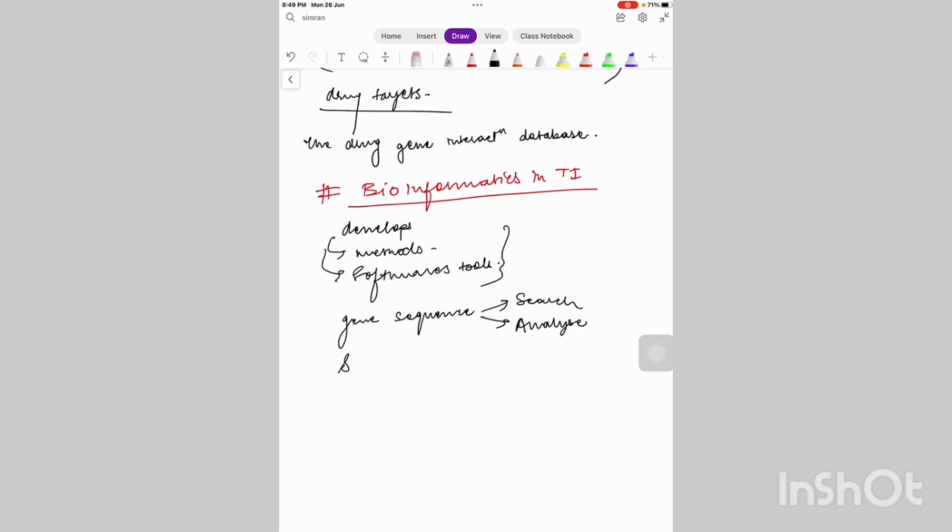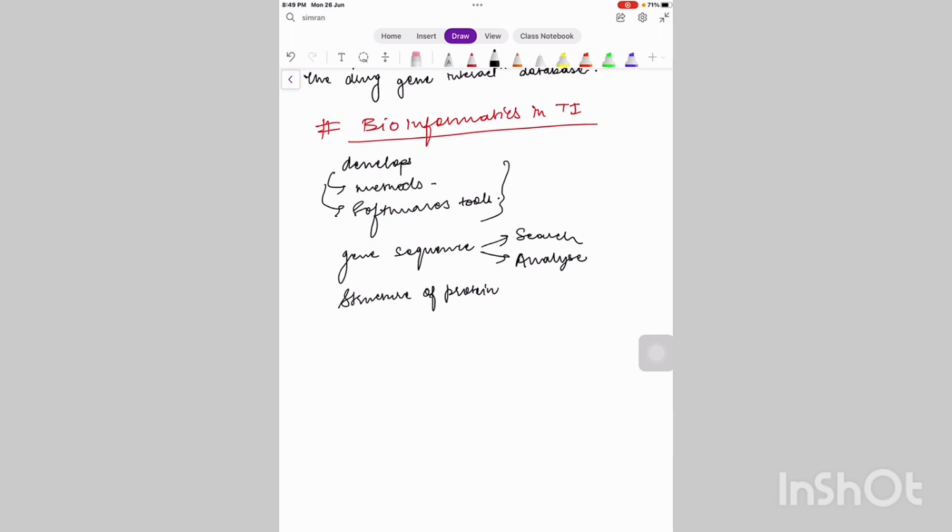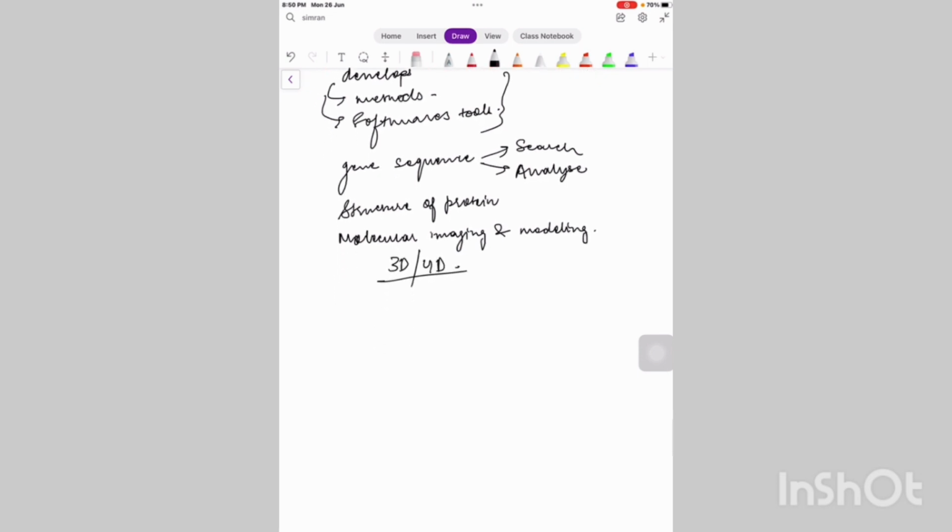Predicting the structure of protein, molecular imaging and modeling. What it means by this is that जो 3D और 4D models की बात करते हैं हम, it can be done by bioinformatics.